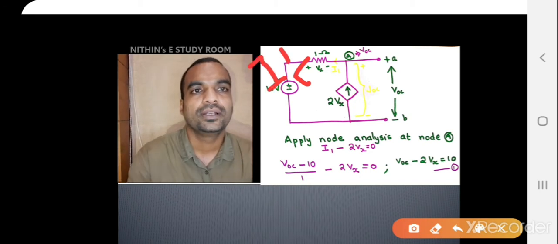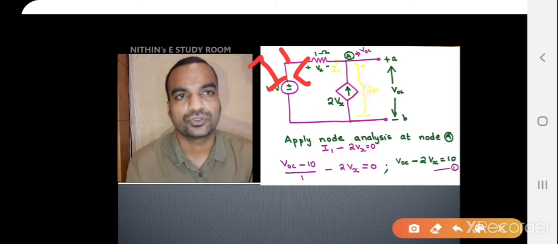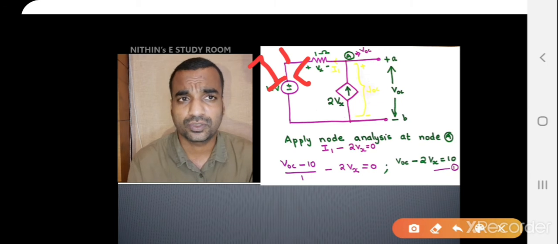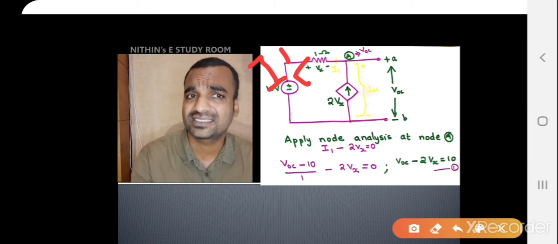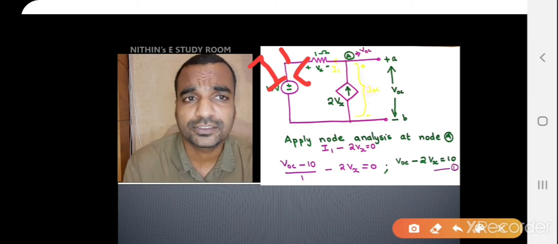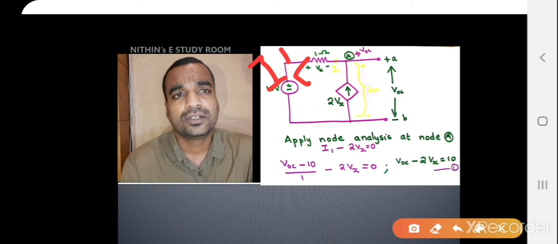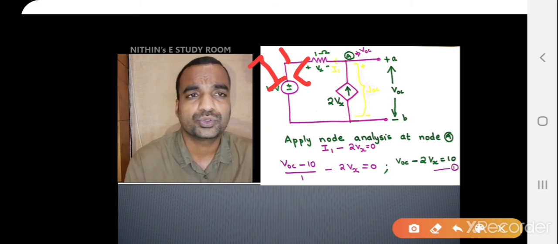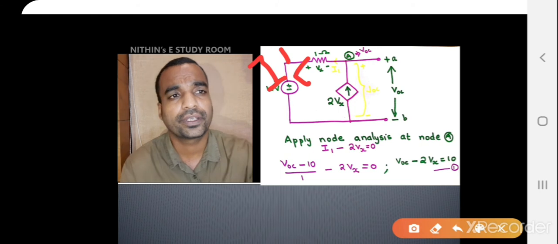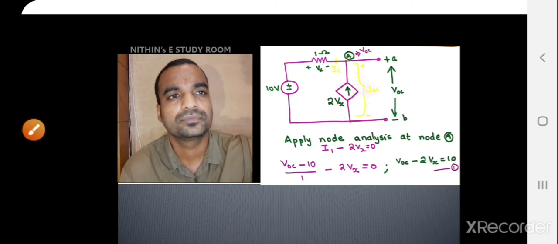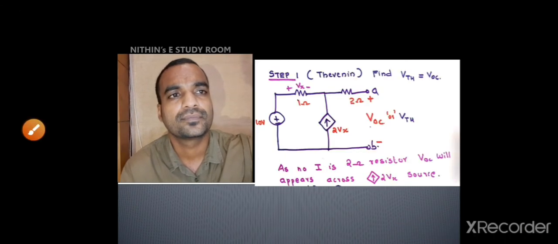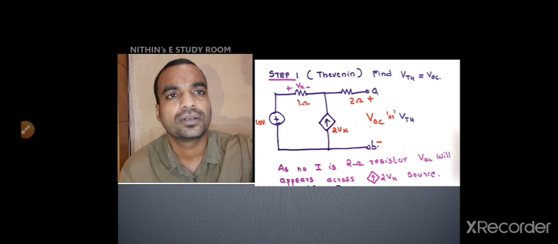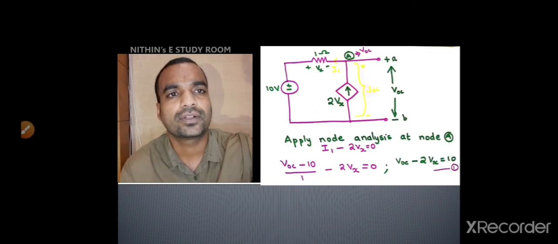It is going from node A to the 10 volt source. So its direction will be plus I1 as it is going towards outside. And 2Vx is coming towards inside. That's why it is given as minus 2Vx. Okay. So I1 minus 2Vx is equal to 0. Both are currents.